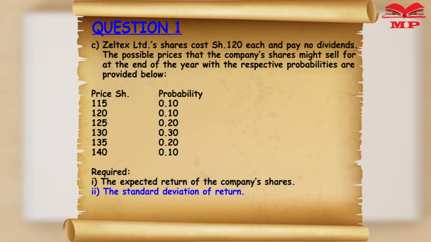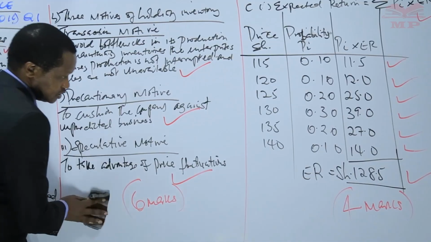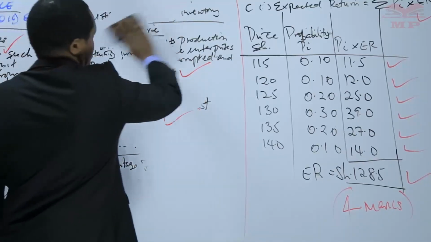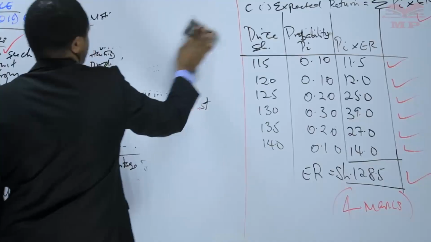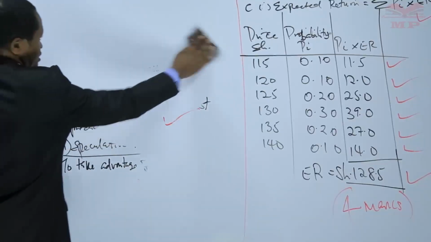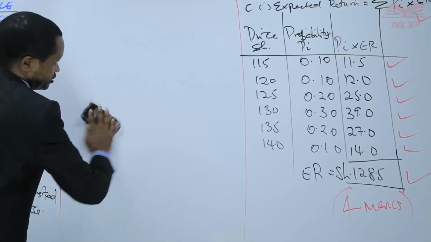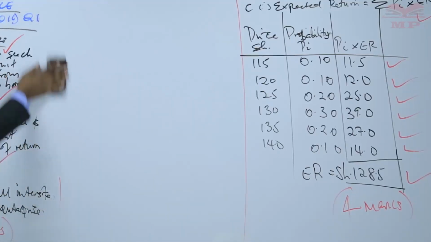It says standard deviation of return, another 4 marks. So candidates, I will need this space to calculate the standard deviation.